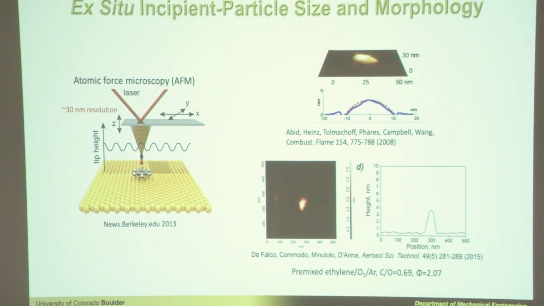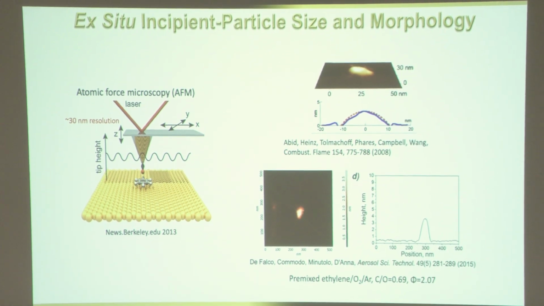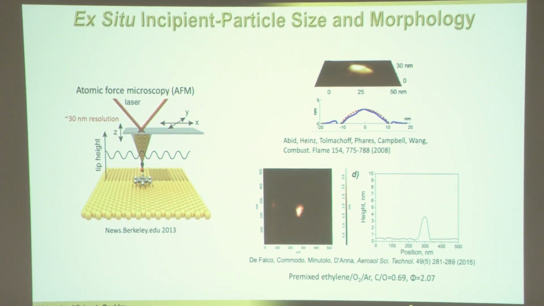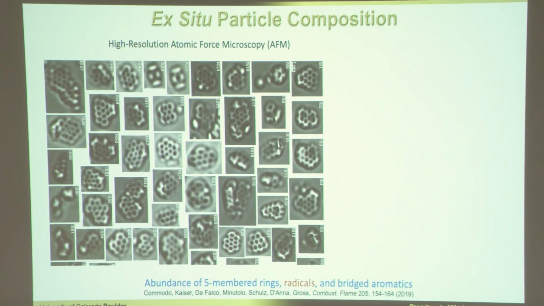So this is the AFM I was just talking about, where you could see the position of that tip and that particle smeared out. Okay. This is the high resolution version of it. Remember, it can actually see individual atoms.